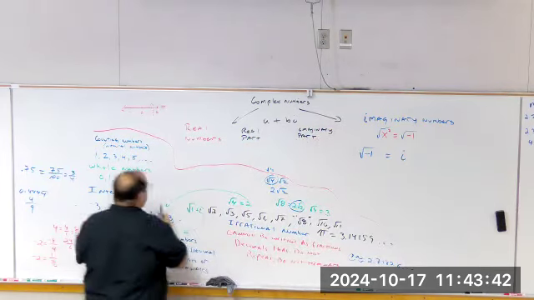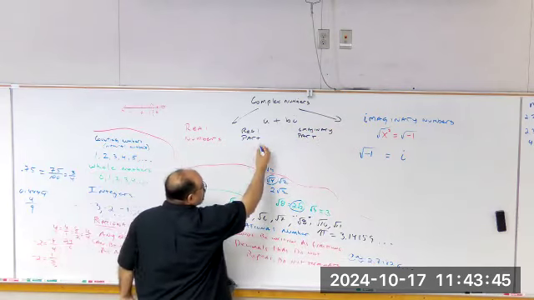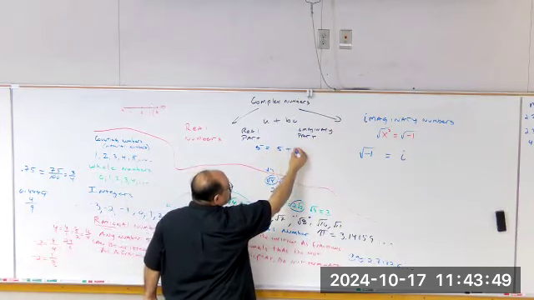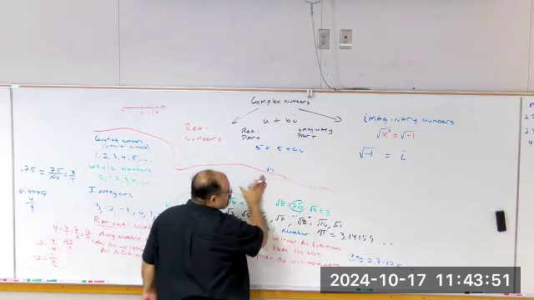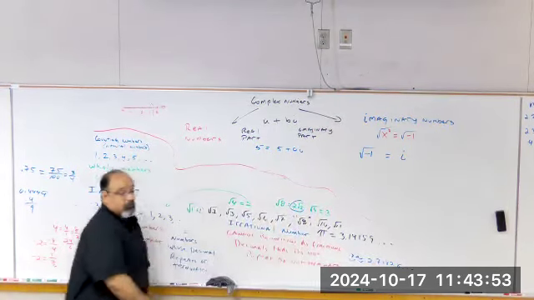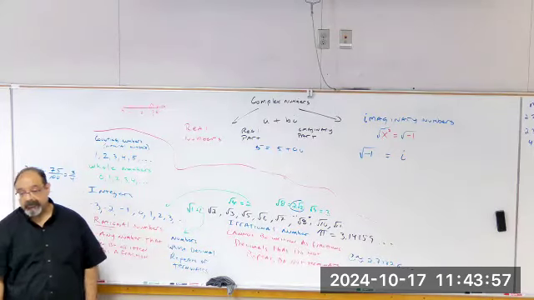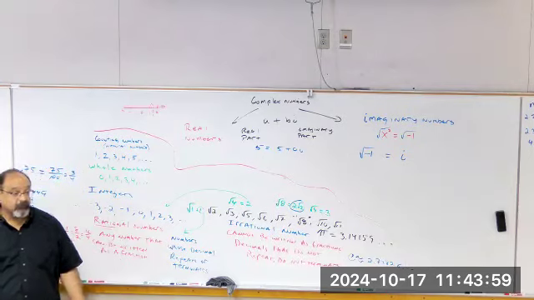But you already dealt with real numbers. So your 5 has actually been 5 plus 0i. That's what it actually has been. 5 all along has been 5 plus, the imaginary part's been 0, 0 times i.